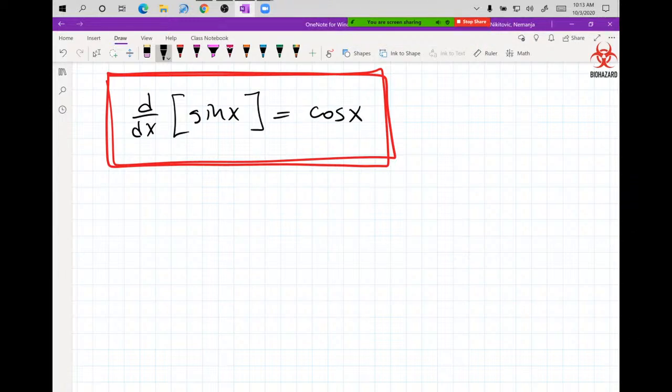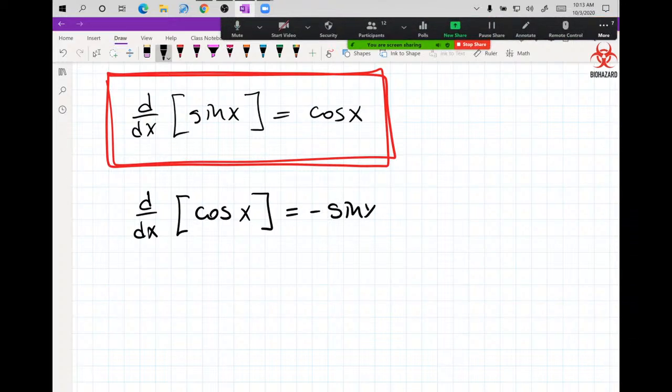If you want to do this same procedure to practice it, to learn it, you can use it for cosine. Once you do that, you will discover that the derivative of cosine x is negative sine x.